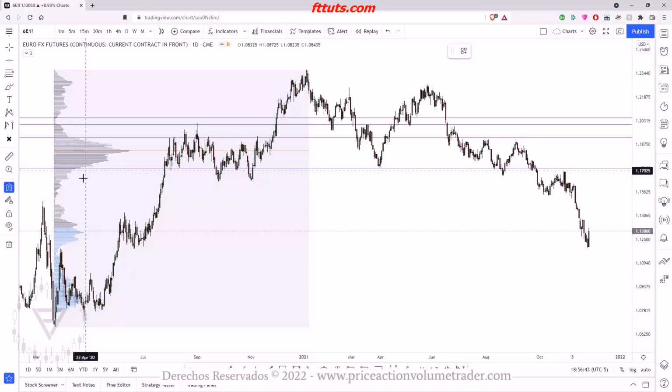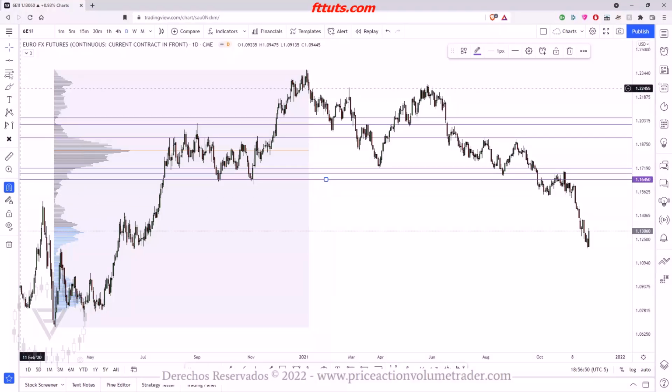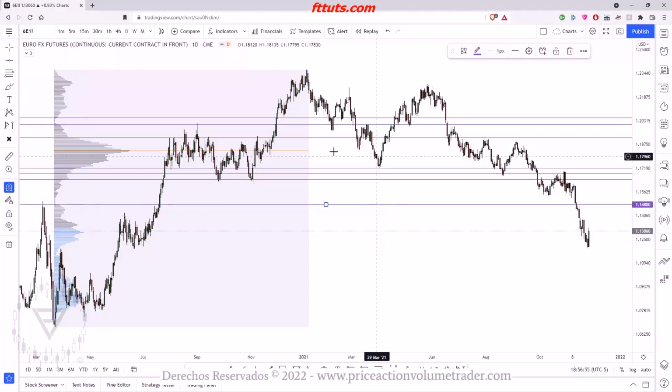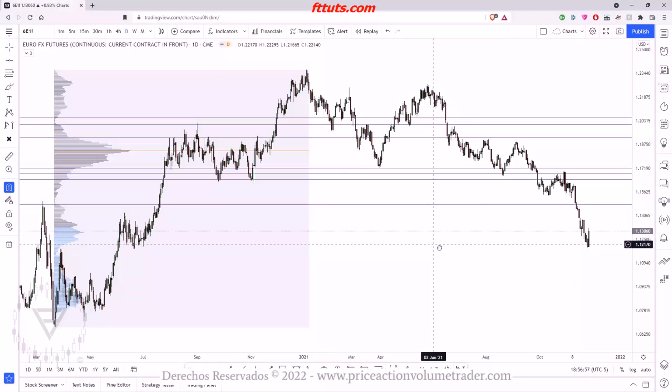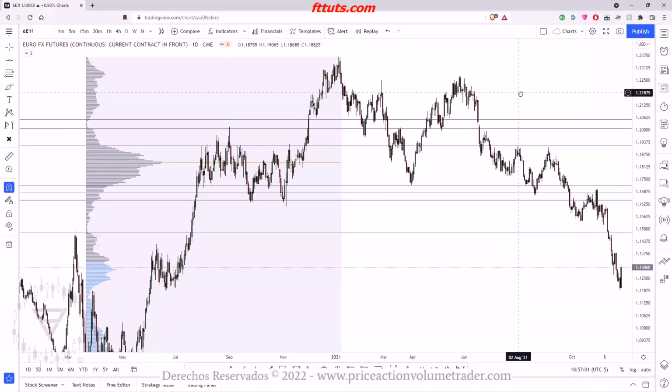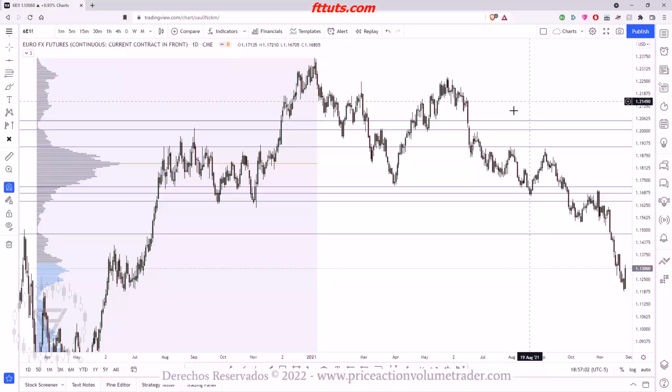There's definitely an edge here, an edge here, an edge here, etc. So even if we just take that and we zoom in on this, we can see how markets react in the future.